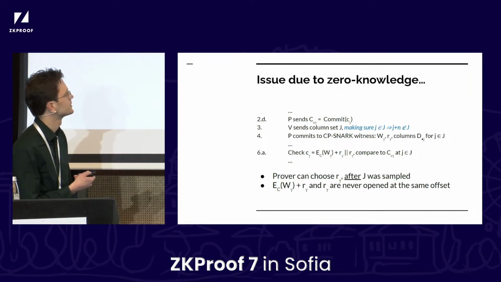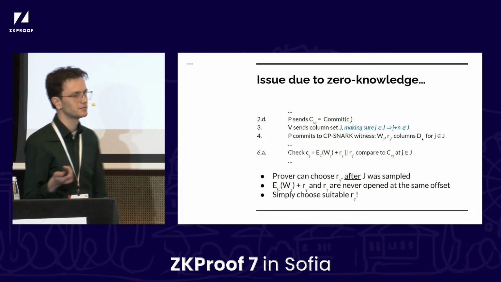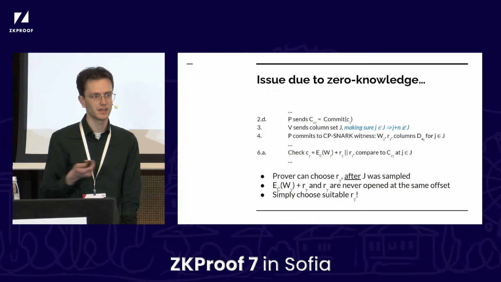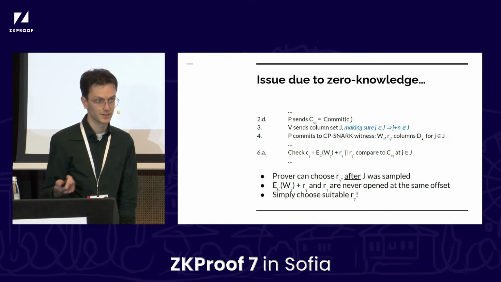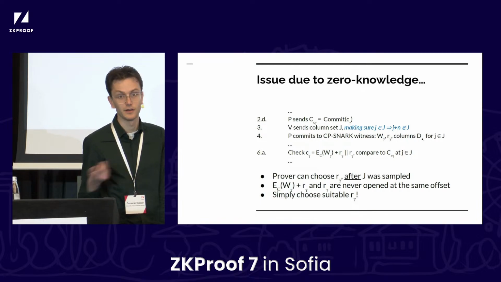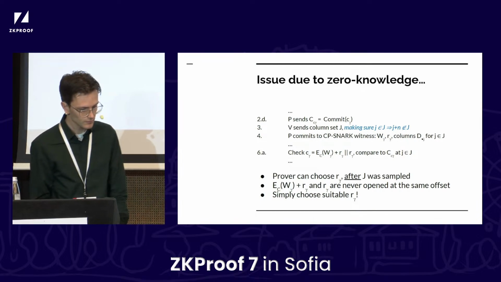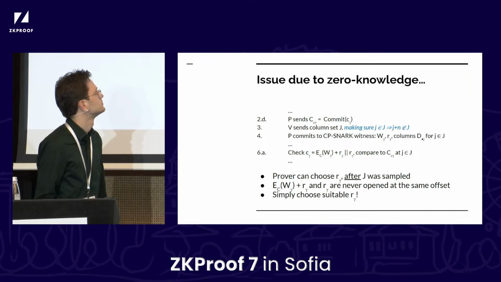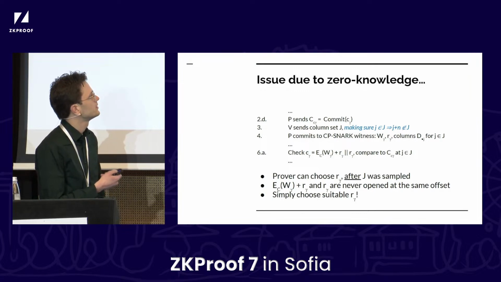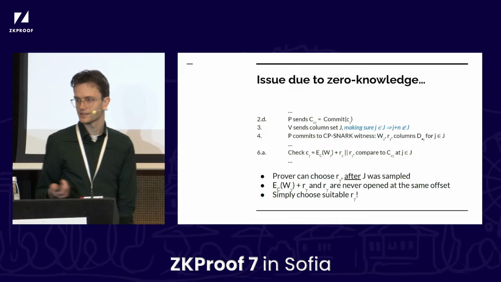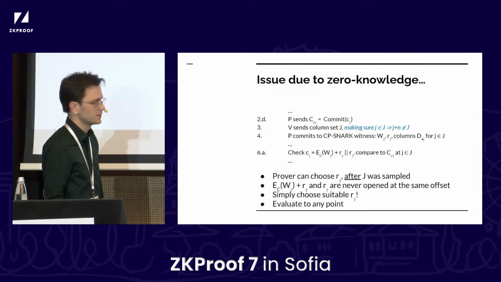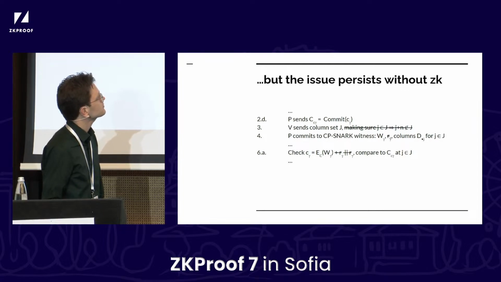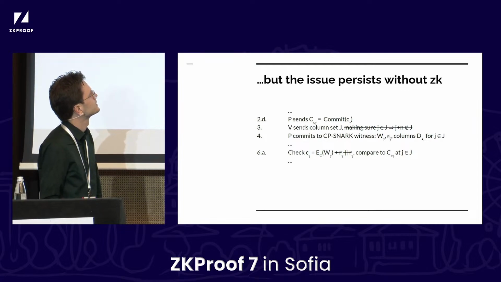So to satisfy this condition, the prover can just pick any R that satisfies it, and the rest they know will never be checked. So yeah, then you might think maybe it's this condition that's in fact the issue. So yeah, we can evaluate to any point, but this is not in fact the case.